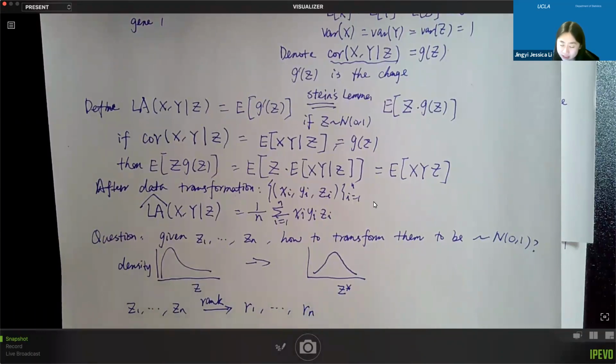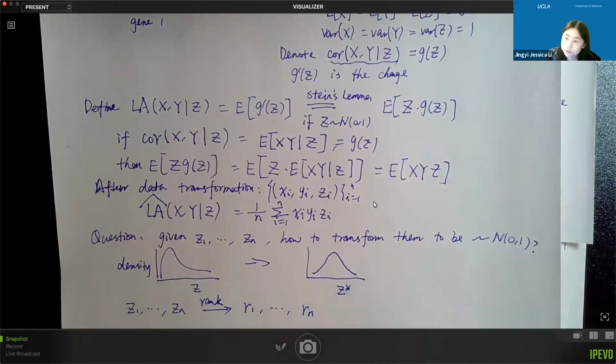But n over n is problematic since it corresponds to the 100th percentile. If you want to find the corresponding quantile for the 100th percentile of a standard normal, 0, 1, it will be positive infinity, right? You are not finding a value for that.